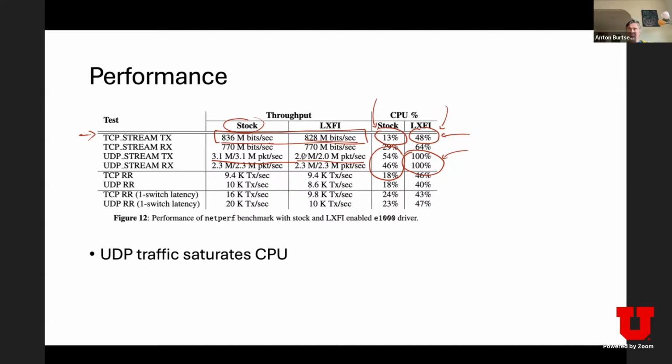So the lesson learned here is that even if on the surface it looks possible to implement isolation without significant performance penalty, in practice there is a significant penalty because it's hidden inside this CPU overhead. And if you run some additional user code, which takes away your CPU cycles, then again, you will be penalized. So, okay, LXFI is a nice approach, but still a little bit tricky to do fast.